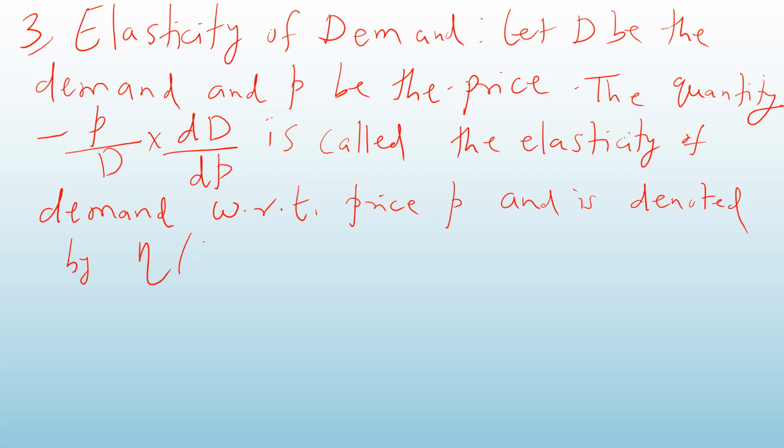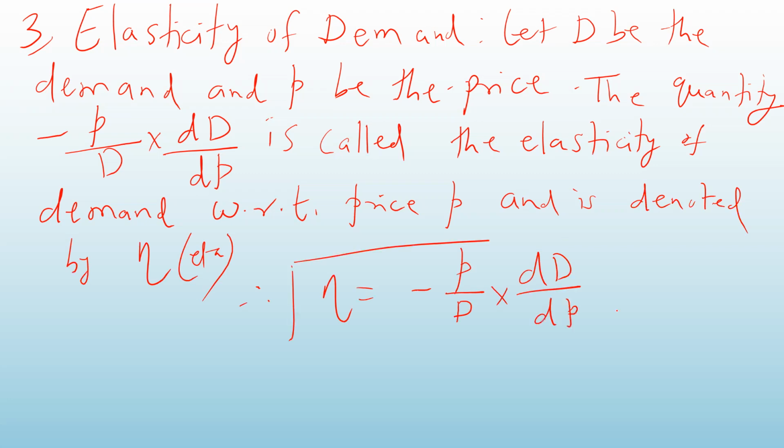It is called eta. So therefore, what is eta? Eta means elasticity of demand, and it is given by minus P upon D into the derivative of D with respect to P. This is the formula to calculate the elasticity of demand.